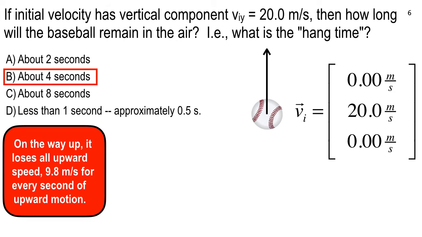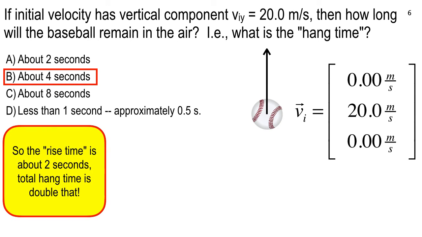By the end of the second of motion, it's down to 0.4. So it needs just a little bit more than 2 seconds to get all the way to the top, to apogee. So you could say the rise time is about 2 seconds.